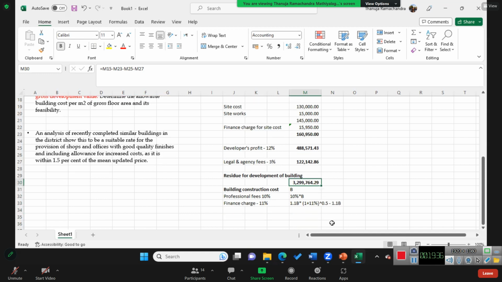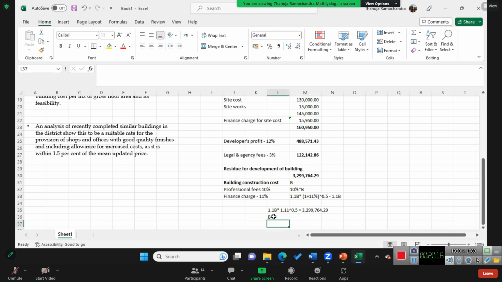So basically it's like 1.1B into 1.11, no, 11% to the power half, 0.5, equals how much? 3,299,764 into 29. So calculate the B.